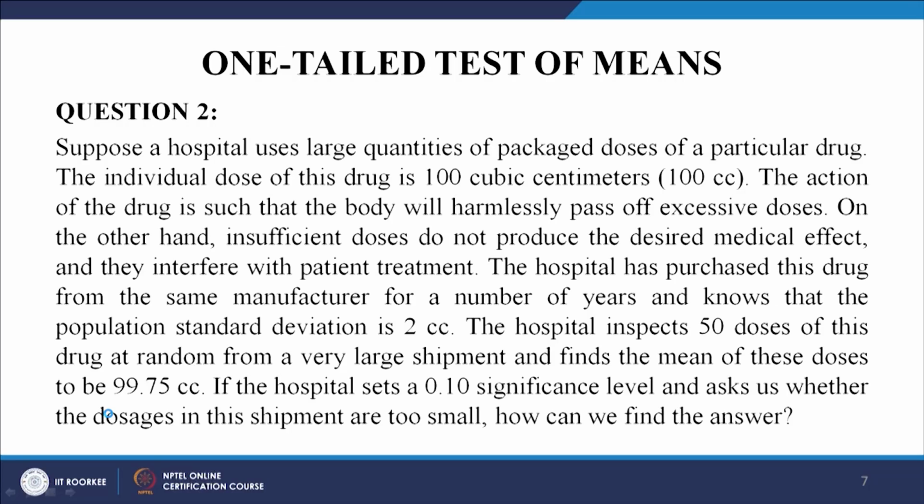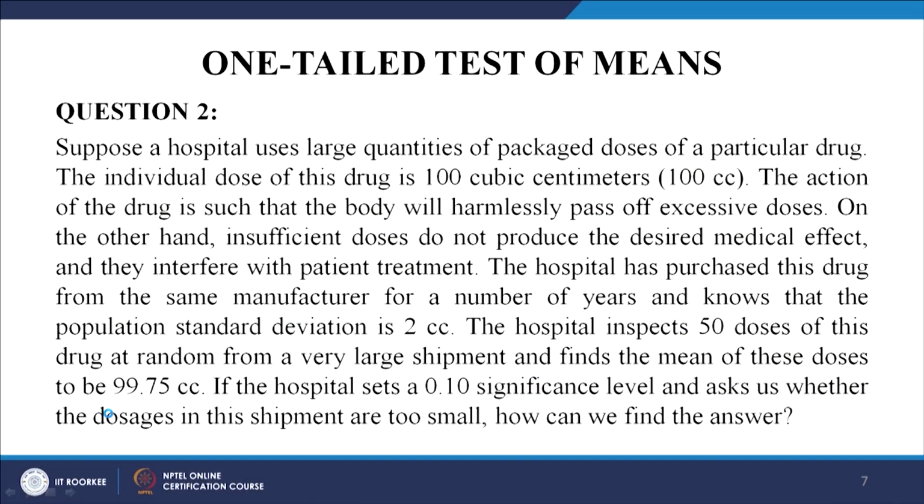Now, let us take a second case. The second case is a one tail test of means. Now, let us read this case. A hospital uses large quantities of a particular drug, some medicine, understand. The individual dose of this medicine or drug is 100 cubic centimeters.